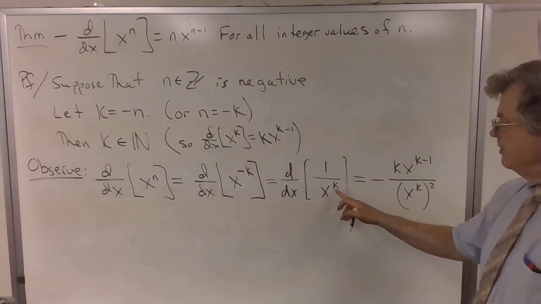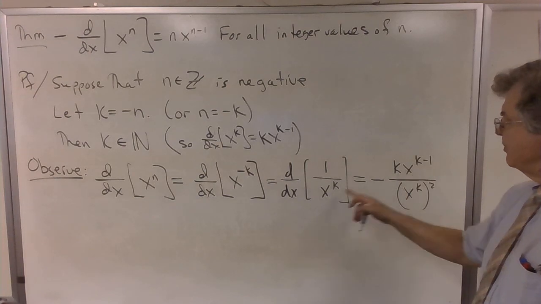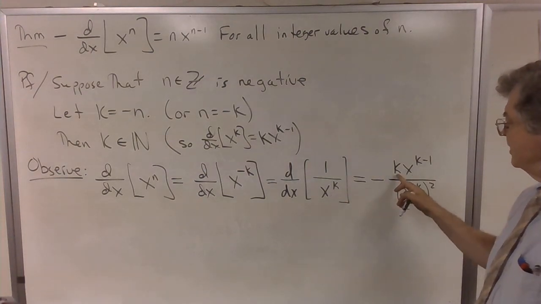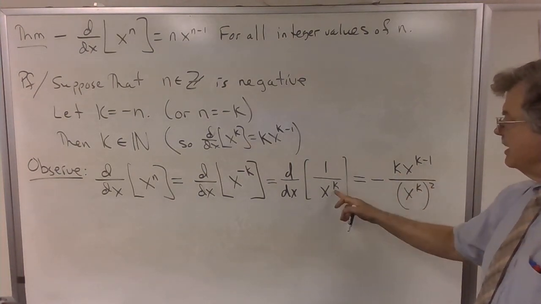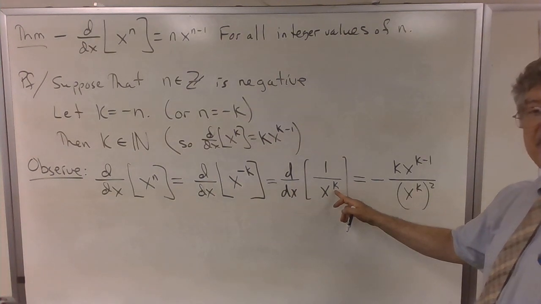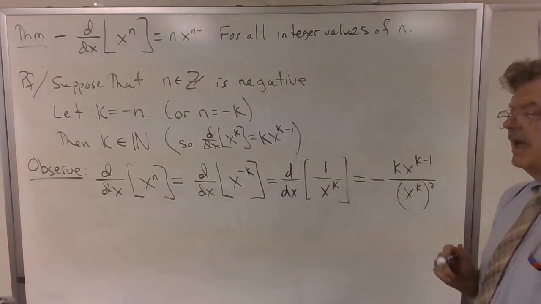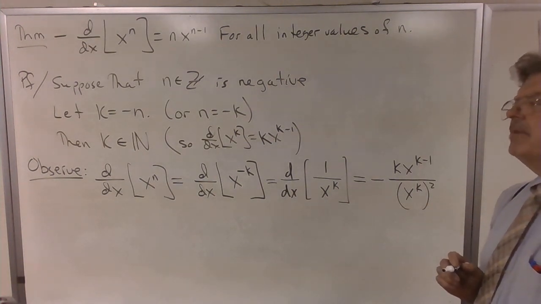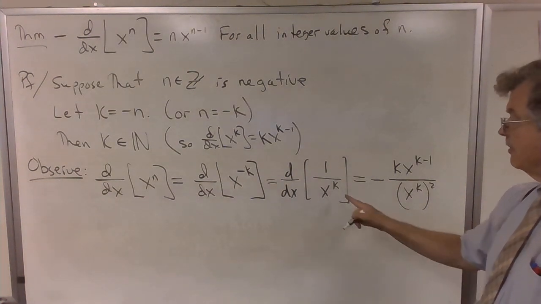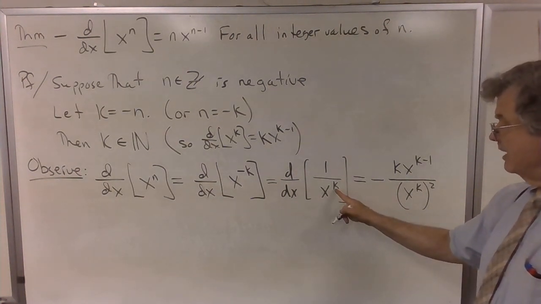We can say that the derivative of the bottom is kx to the k minus 1 because k is a positive exponent, and we know that the power rule works for positive integer exponents.